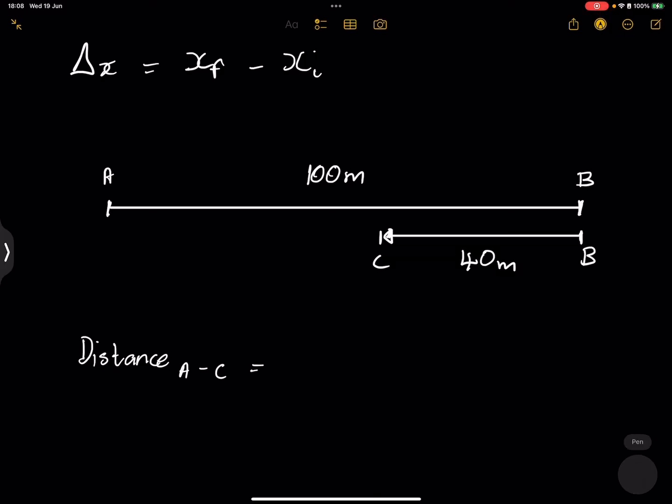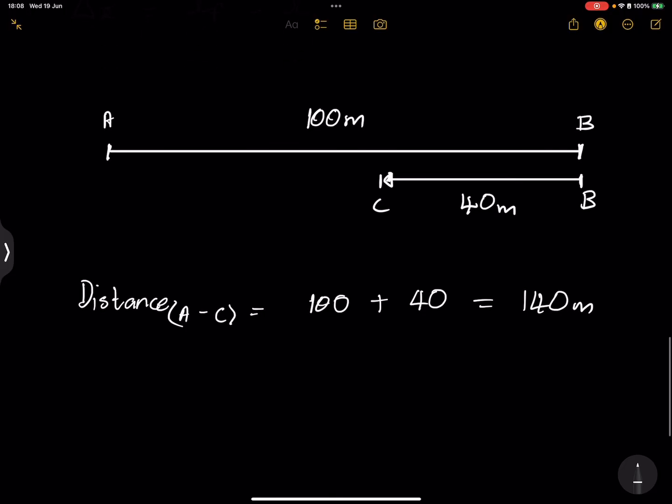All that we care about is the total path length. So we're just simply going to add 100 plus 40, and that would give us 140 meters, right?